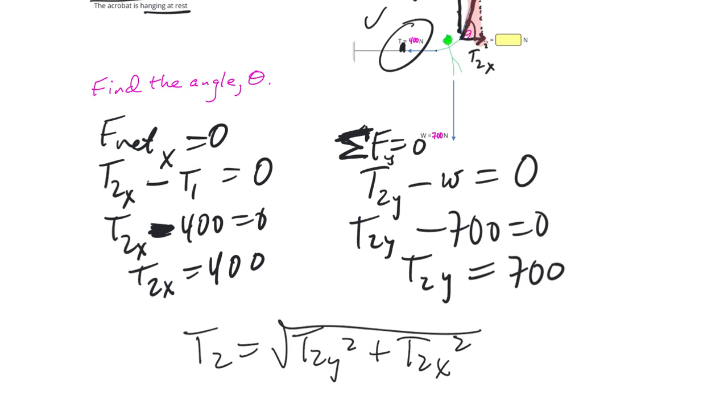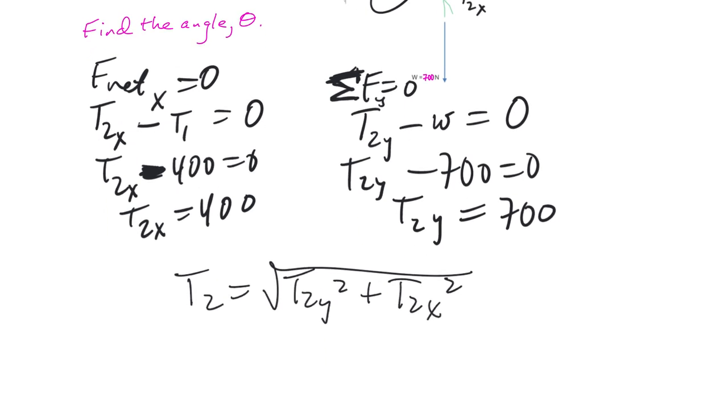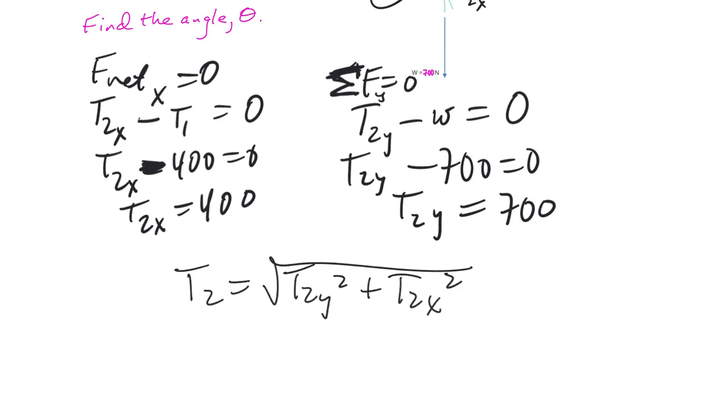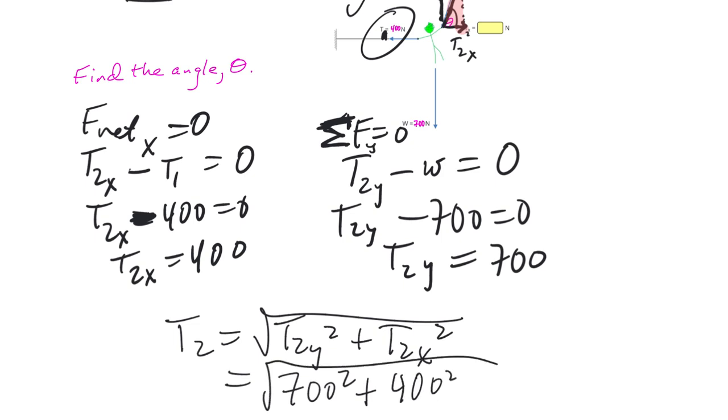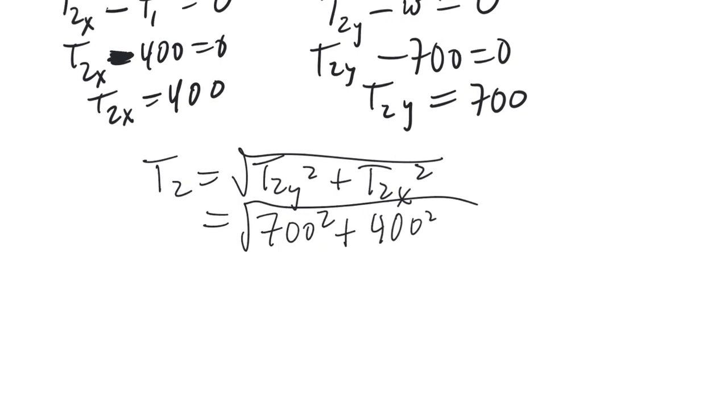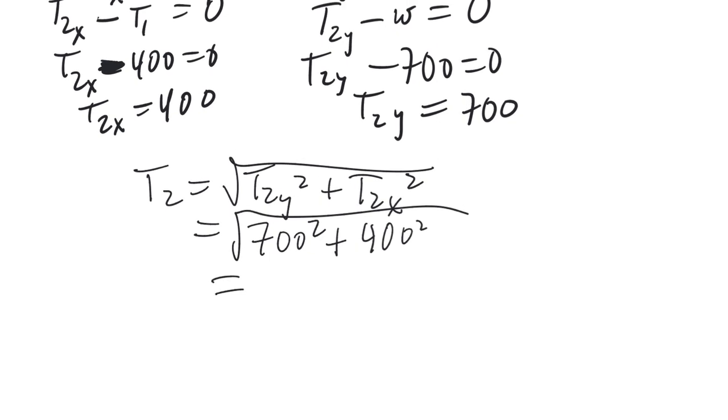So T2 is equal to 700 squared plus 400 squared. And so that equals, calculate it out, 806 newtons.